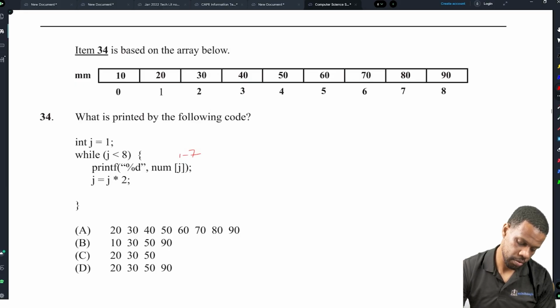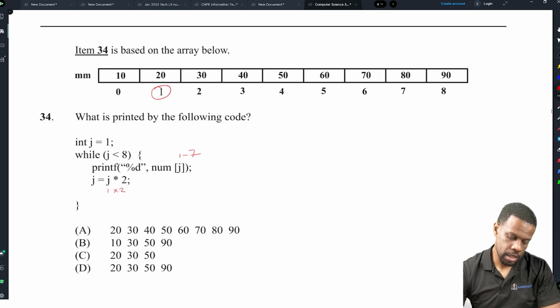So it's going to do 1 by 2, so it'll print location 1. And then the second time, j will become 1 by 2, which is 2.